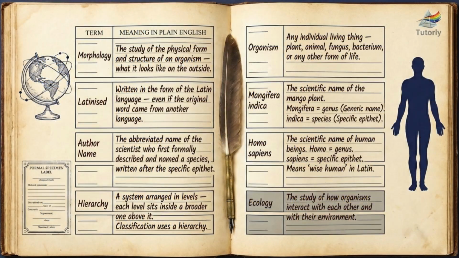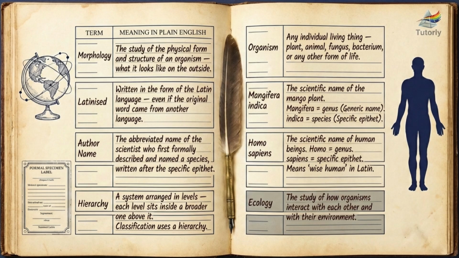Last part of the glossary. Term, meaning in plain English. Morphology. The study of the physical form and structure of an organism, what it looks like on the outside. Latinized. Written in the form of the Latin language, even if the original word came from another language. Author name.